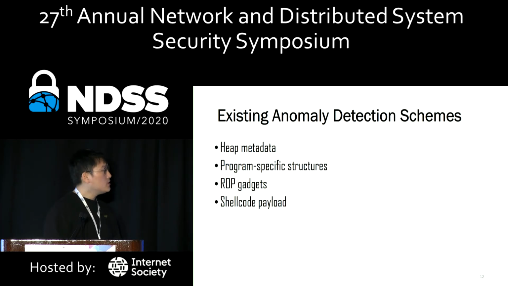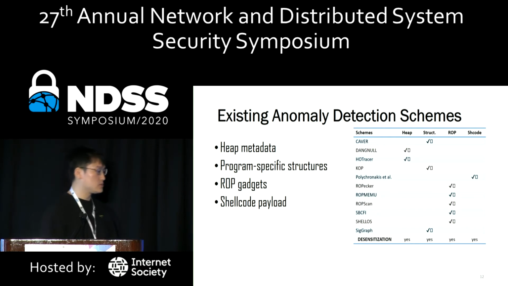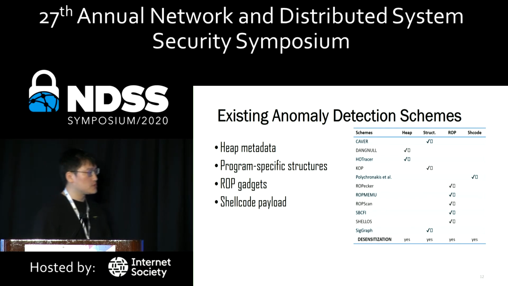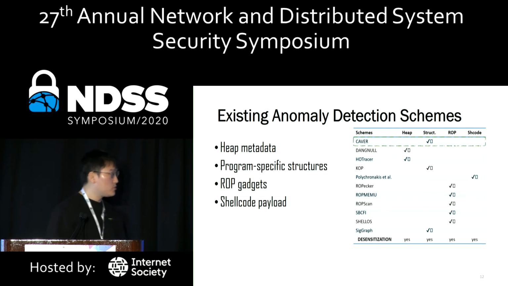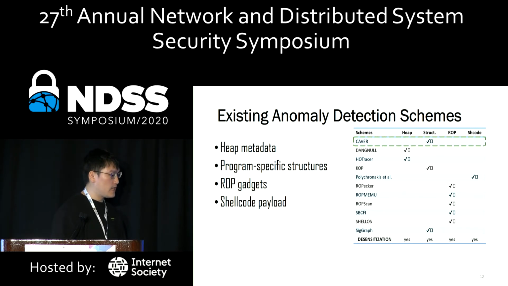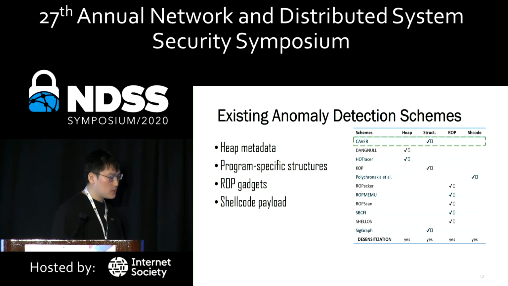There are also some existing anomaly detection schemes which we found, and there are also 4 major categories they look into, including the heap metadata, program-specific structures, ROP gadgets, and shellcodes. For example, Caviar is a work that tries to detect invalid typecasting, and they use pointers and program structures to detect such anomalies.